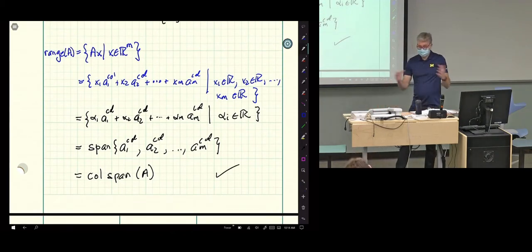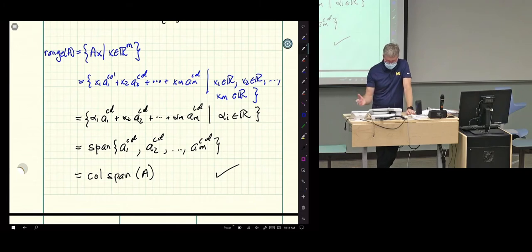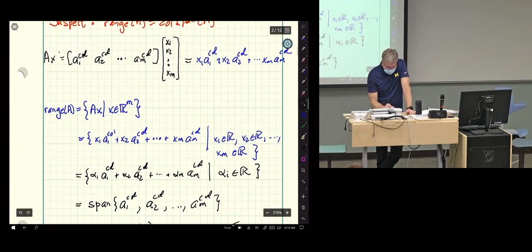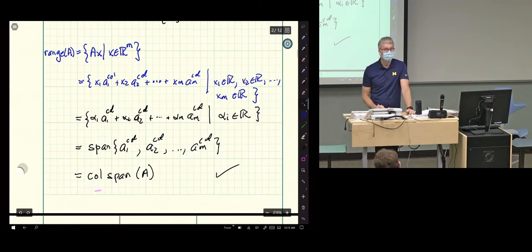They're just different ways of writing down the same object. And really it was just an exercise in applying the definitions and then writing down, once again, this being equal to this. They look very different, but it's how you relate what A times X looks like and why that is the column span of A. Works, kind of?